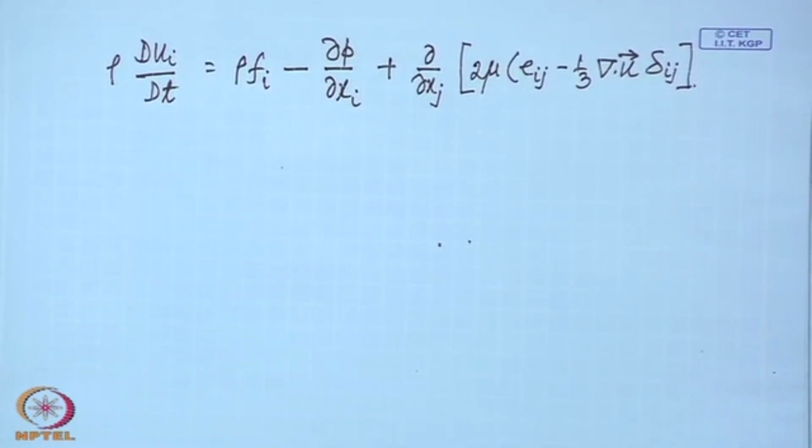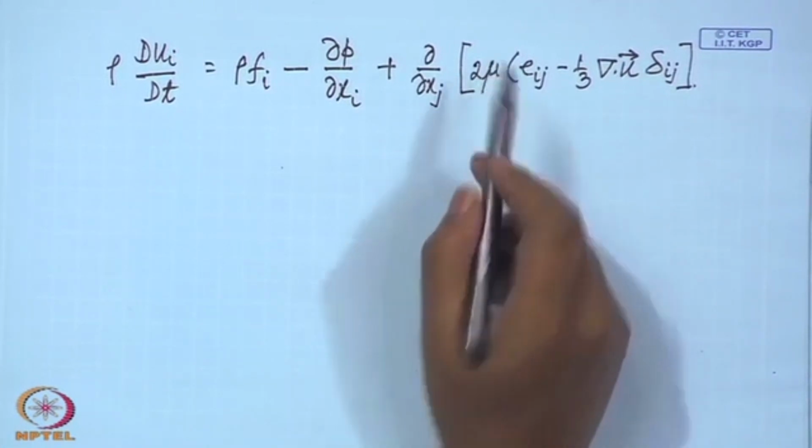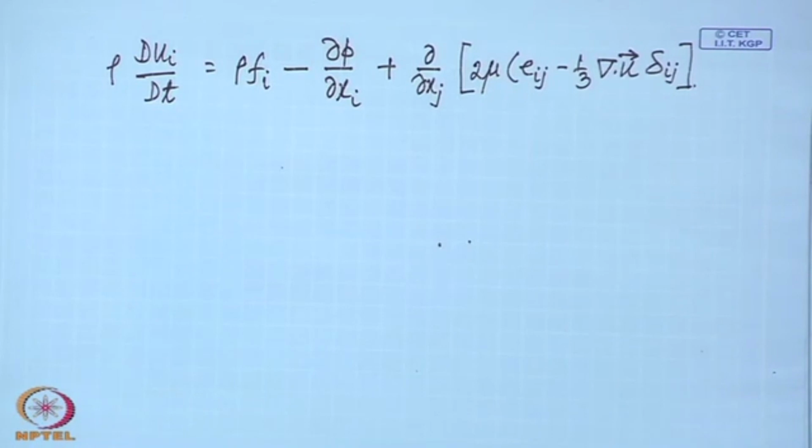Now, see, this coefficient of viscosity is in general a function of pressure and temperature, and not only that, its dependence on pressure is extremely weak. So, for all practical purposes the coefficient of viscosity can be thought of as a function of temperature alone.